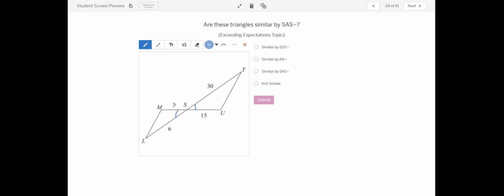So let's try the other way. 3 times 5 makes 15, and 6 times 5 makes 30. So there's our scale factor. We have a consistent scale factor of times 5. And we have that side angle side relationship. We have two sides that are proportional with an angle in the middle. Okay, so I just want to mark these out so we all see that.